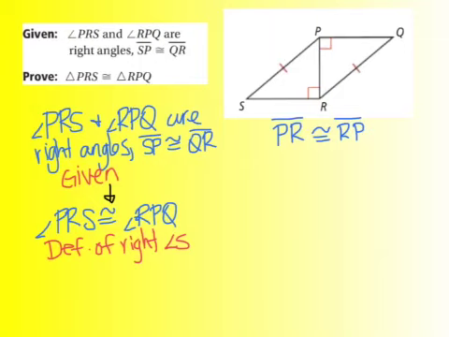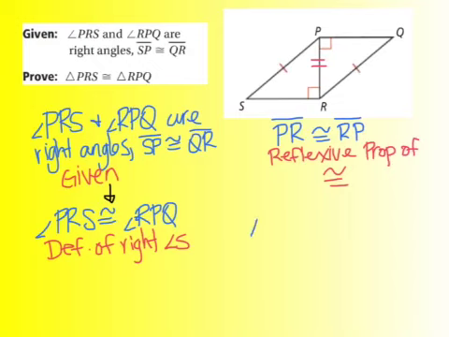Both triangles share it, so this is the reflexive property of congruence. I'm going to mark that on my triangles. I don't need either of these other statements to make this statement, so I'm not going to draw any arrows to it. But now that I have it, I can say that these two triangles are congruent.